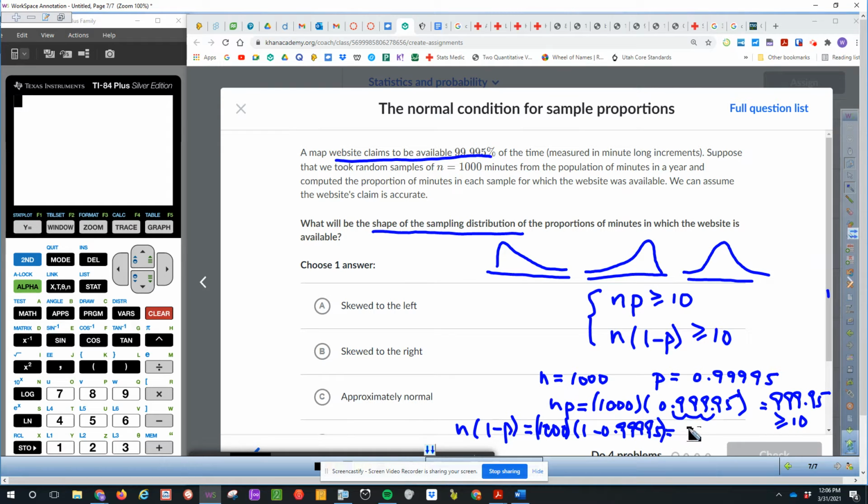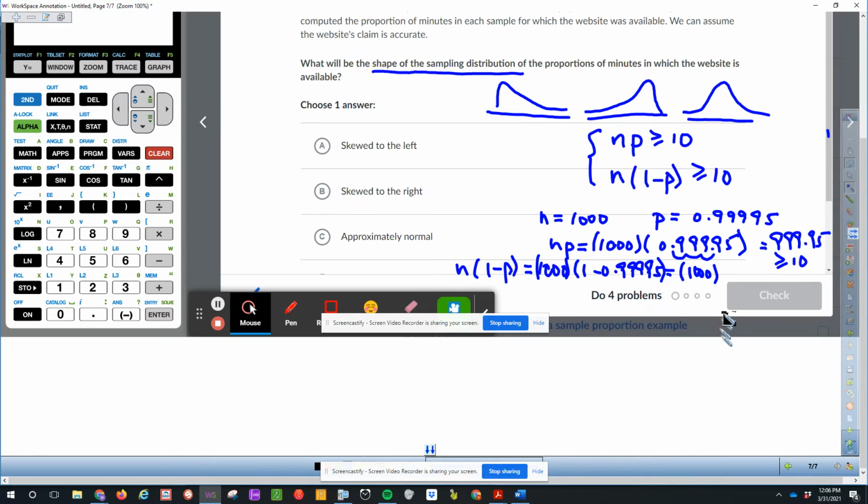So that's 1,000 times 0.00005, which is 1, 2, 3, 4, 5 decimal places.